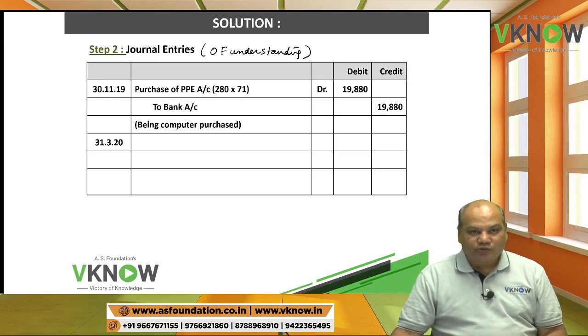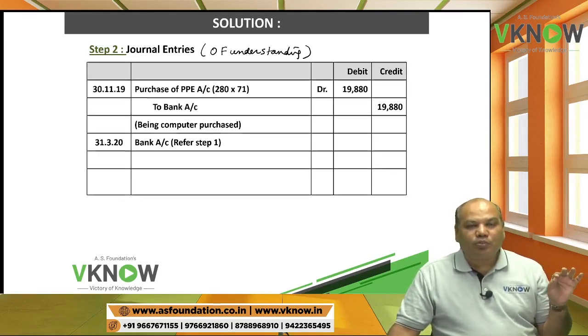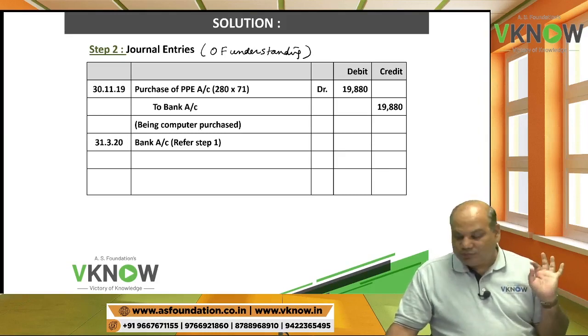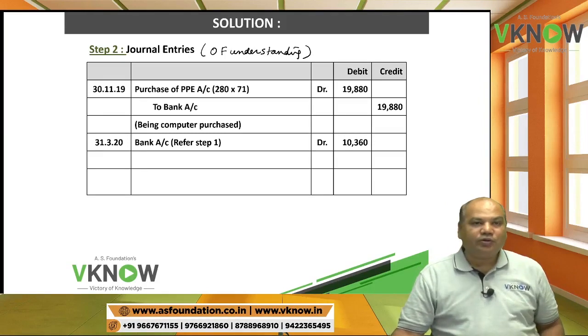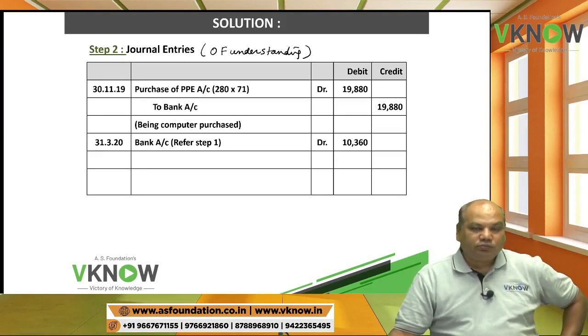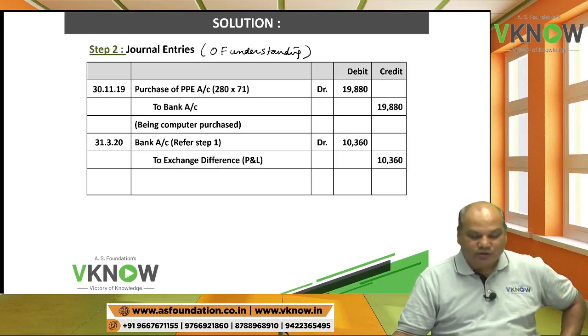We will also have to pass an entry as per AS 11 for restating the monetary item at the closing rate. So here the entry will be bank account debit 10,360 to exchange difference 10,360.